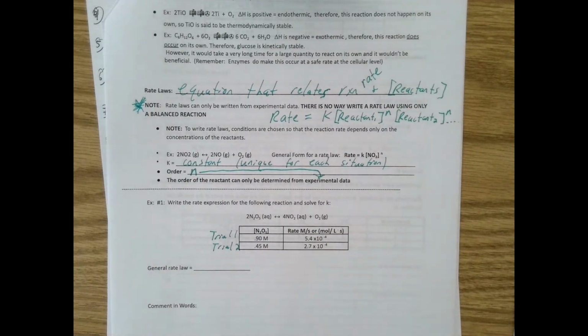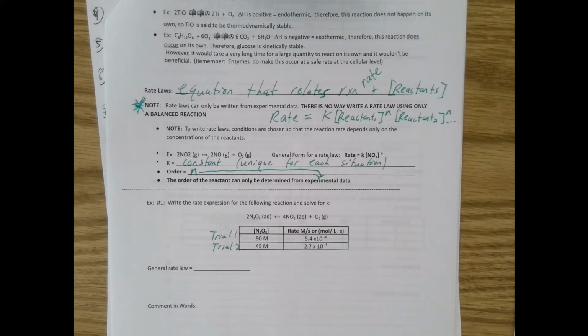So it's saying for trial 1, my concentration for N2O5 was 0.9 molar. When I use that concentration, my reaction rate was 5.4 times 10 to the negative 4 molar per second. Now, there's two different unit options in that second column. Are those two unit options different? No. Okay, capital M over S is the same thing as mole over L times S.